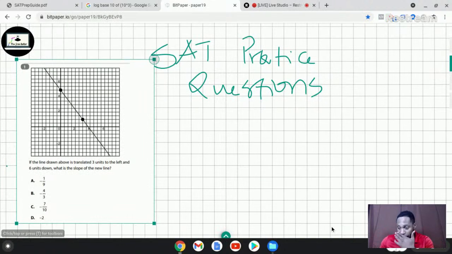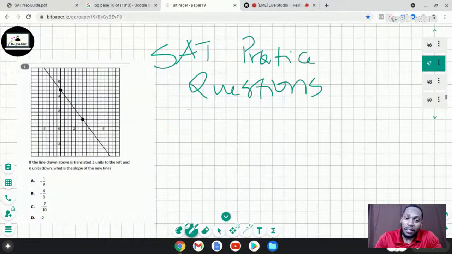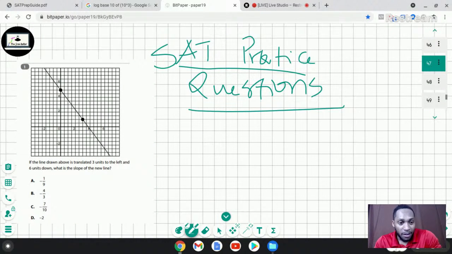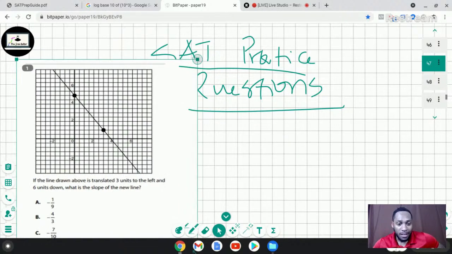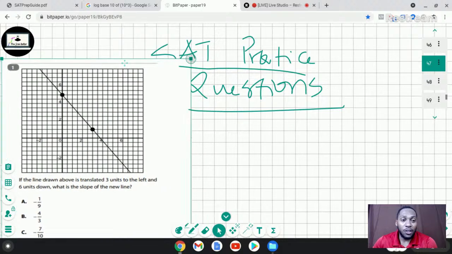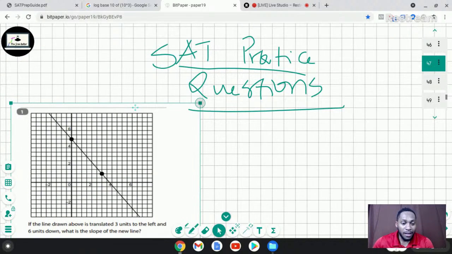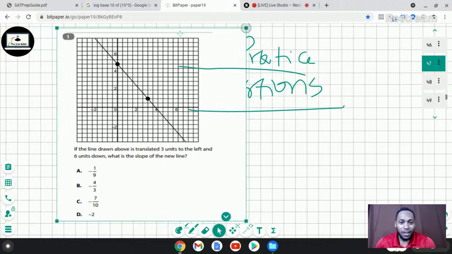Cut to the chase. So the first thing that we're gonna go over is this question right here. What they give us is a graph with a line in it, and let me blow this up so that you can see it.